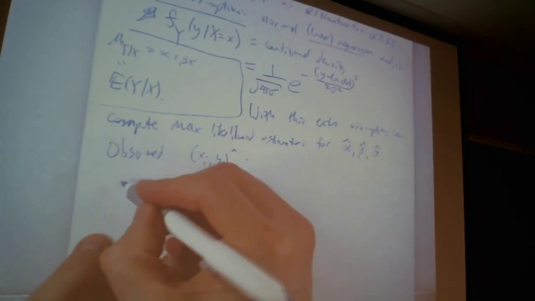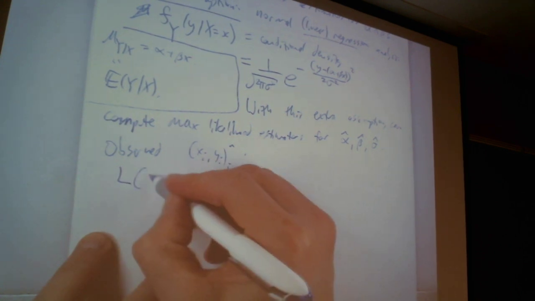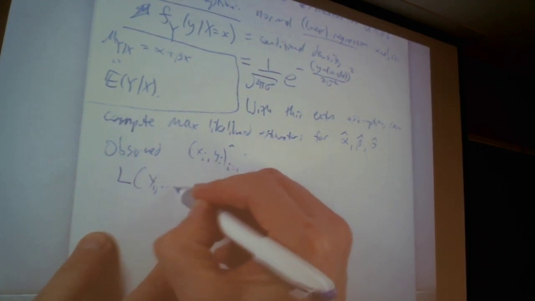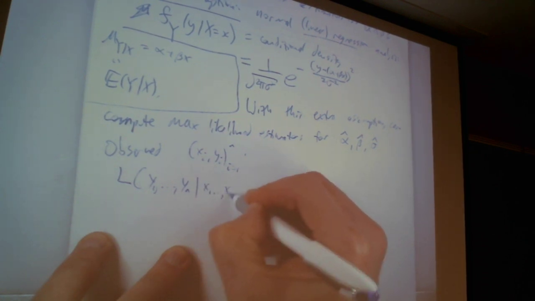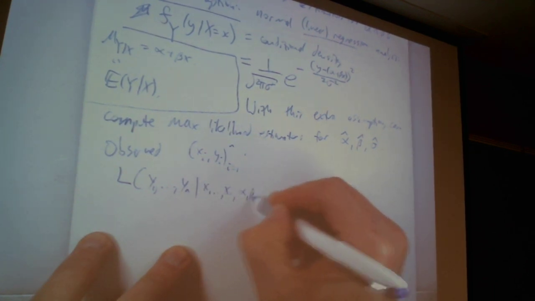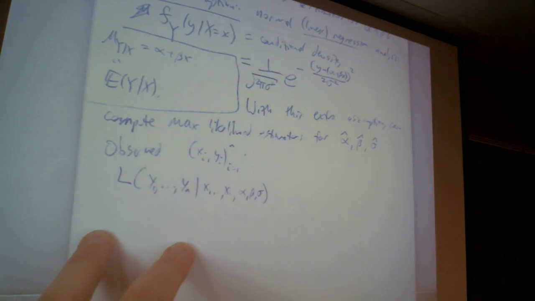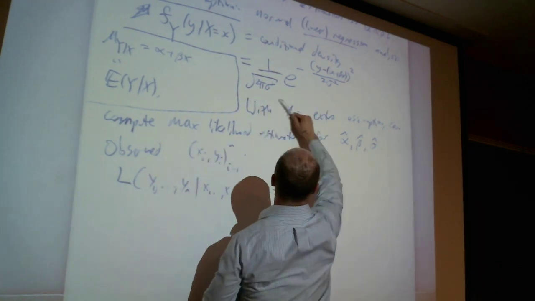So the likelihood of seeing y1 through yn given the values of x1 through xn and the value of alpha, beta, and sigma will be what? How do we compute this likelihood function? Just multiply all of these together.